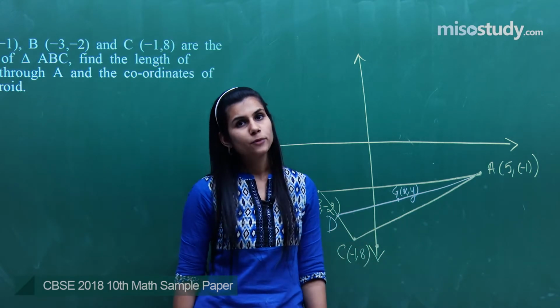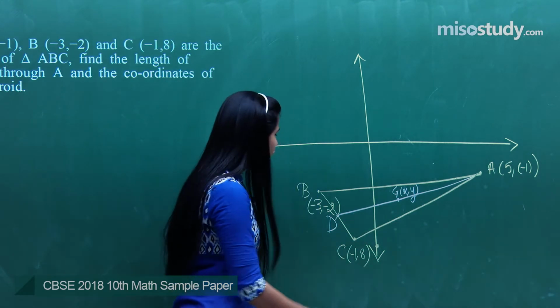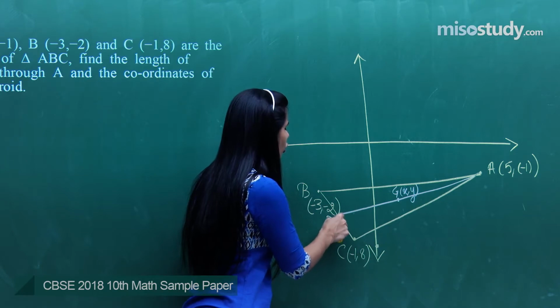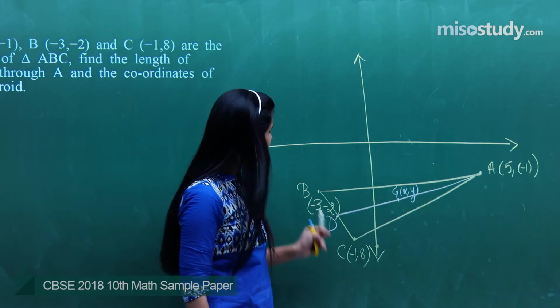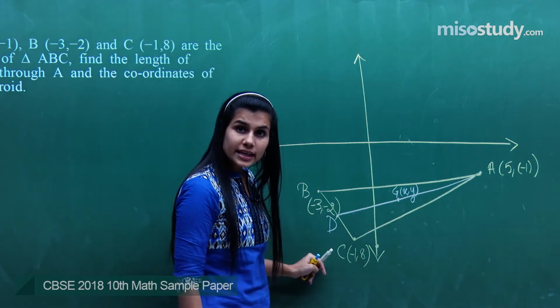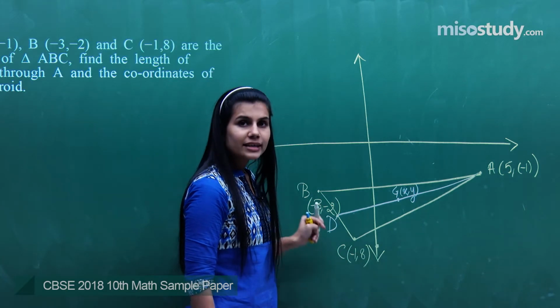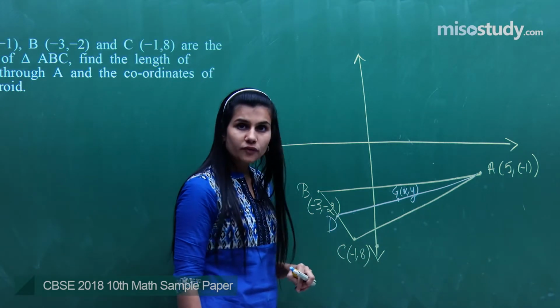What is it that I am going to do now? First of all, just see. Here, this D is the midpoint of BC. So by using the midpoint formula, can you find out the coordinates of D?